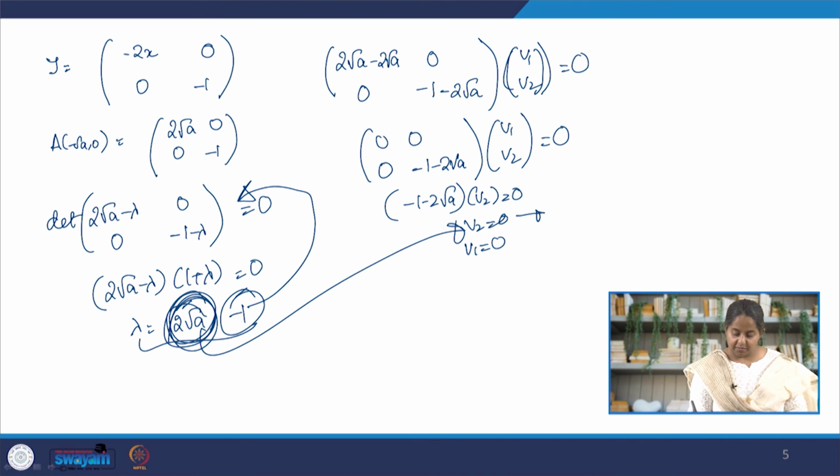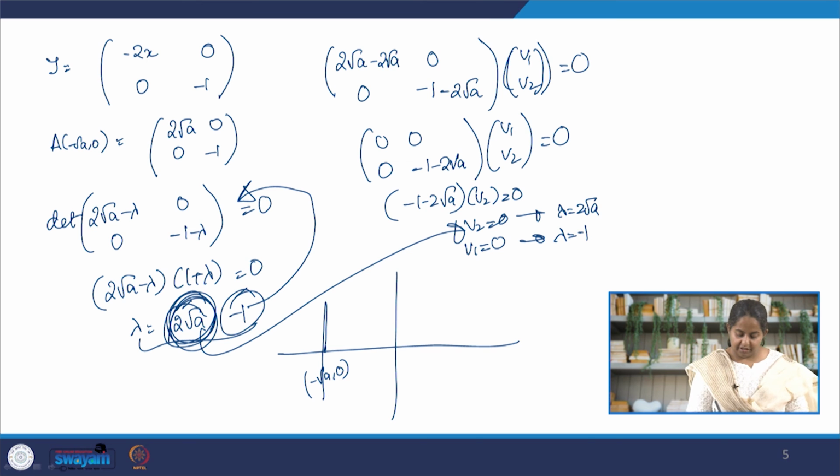So this is corresponding to lambda equal to 2 root a and this is corresponding to lambda equal to minus 1. So clearly for our saddle node here, at minus root a, 0, one eigenvector points in this direction and one in this one. The stable eigenvector, which is the stable manifold, points in the direction of the y-axis, and the corresponding lambda is minus 1.